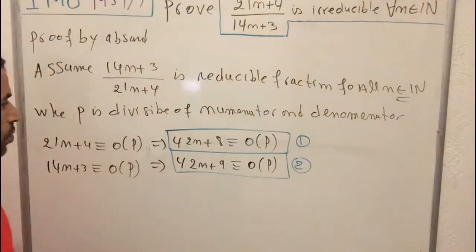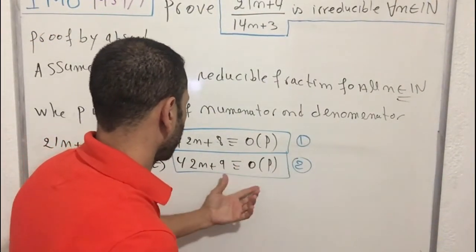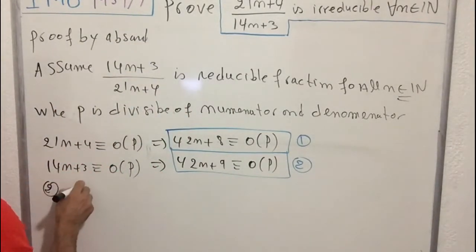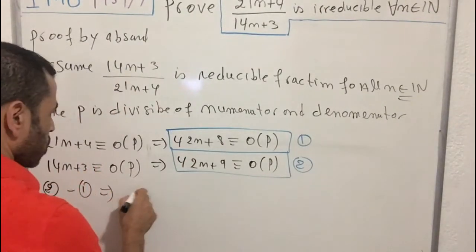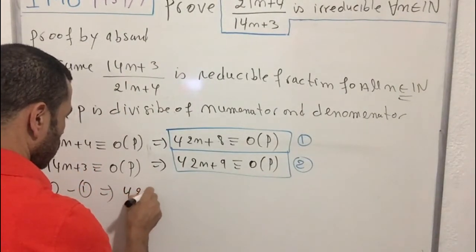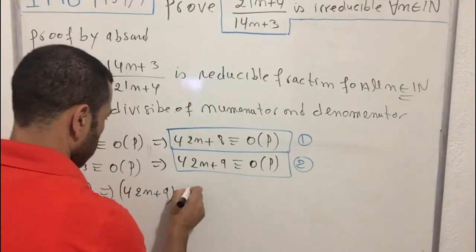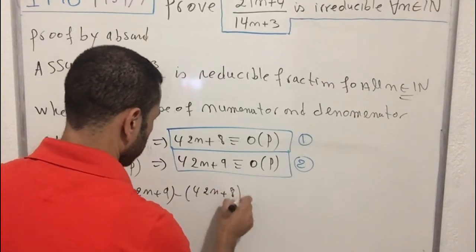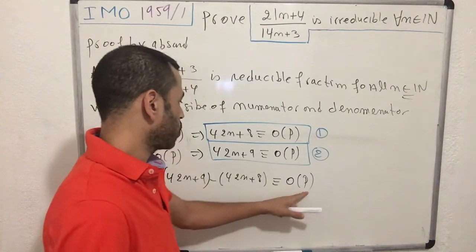I'm going to subtract equation number 1 from number 2. So 2 minus 1 implies 42n plus 9 minus 42n plus 8 gives the difference congruent to 0 modulo p.